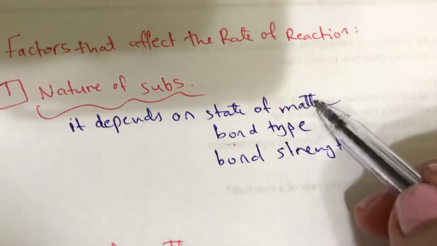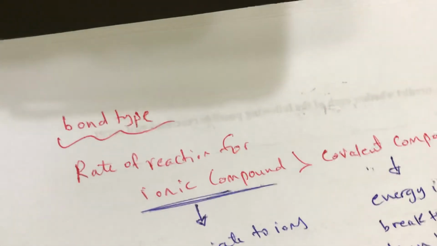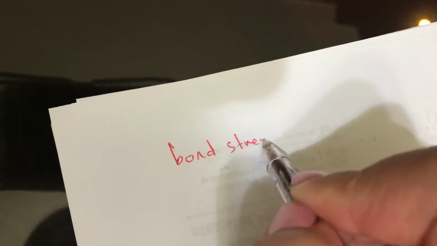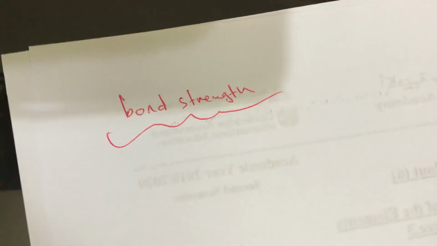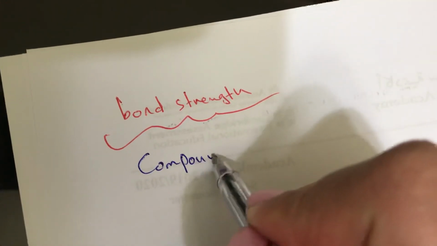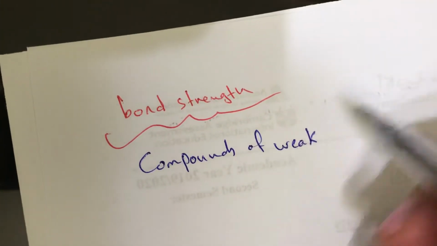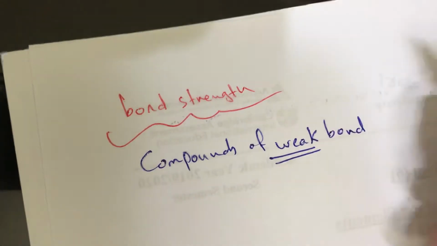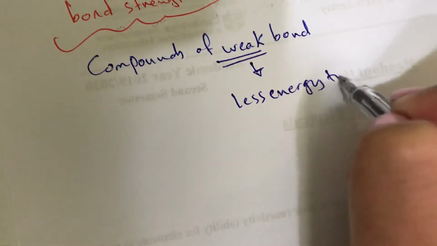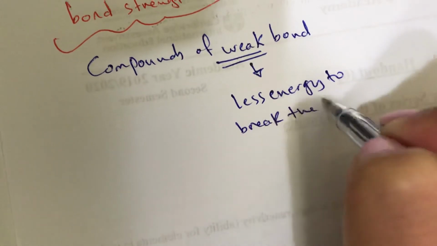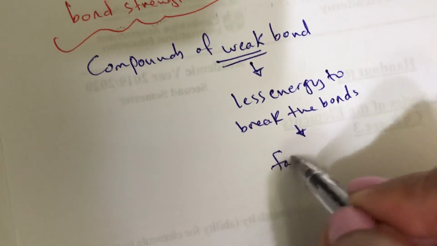Now, the third one here, bond strength. So, compounds of weak bonds need less energy to break the bonds, so faster rate.